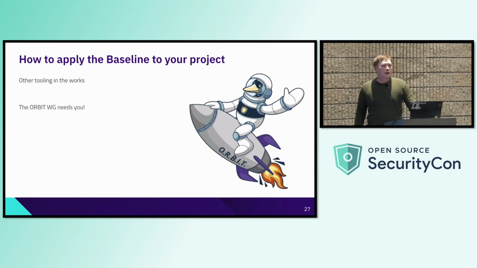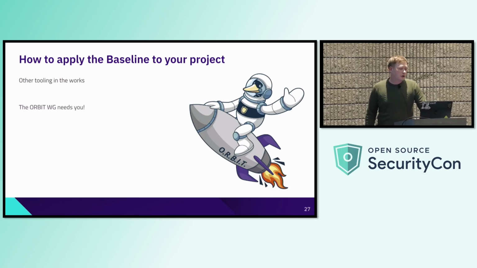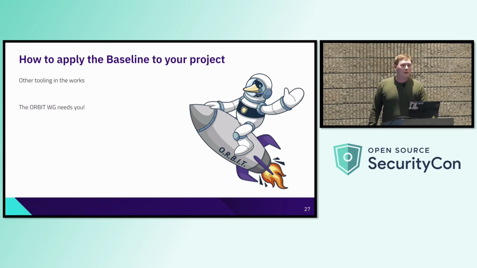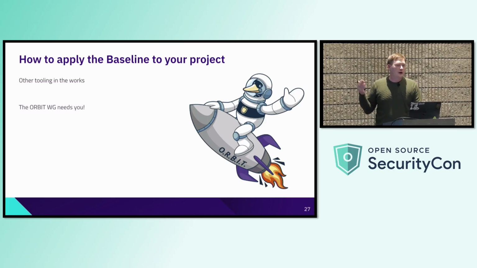There is other tooling in the works. Some is further along than others. I would love to say that there is a tool that will just do everything and then immediately fix it. That does not exist yet. But in the Orbit working group, we do have a tooling SIG that would love to have you show up and help. Like I said, there's an open source project that powers the Linux Foundation.